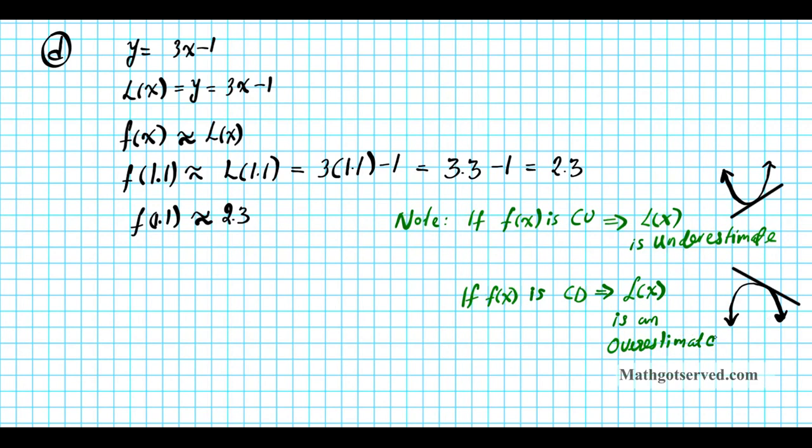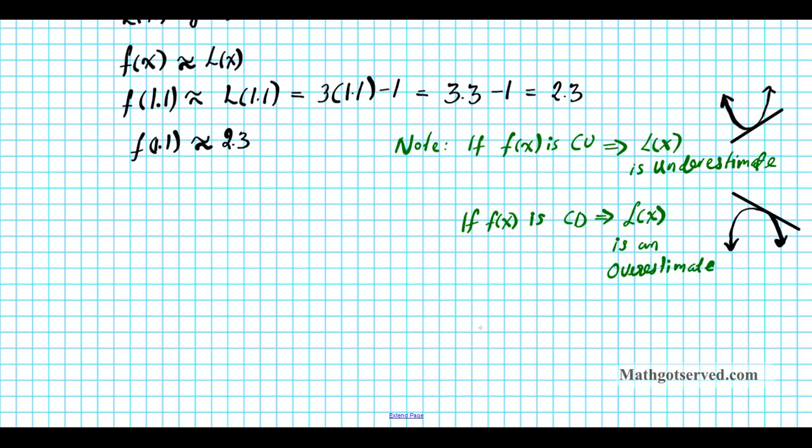Okay, so what does the second derivative tell you concerning concavity? You also have to recall that if f double prime is greater than 0, if it's positive, then the function is concave up, right? And if f double prime is less than 0, then the function is concave down.